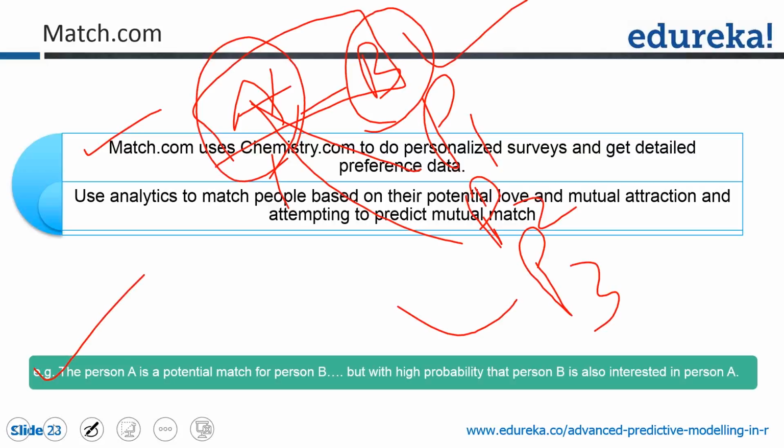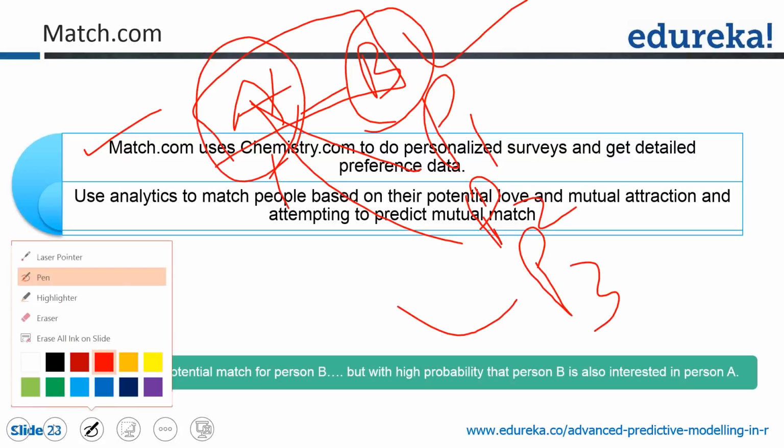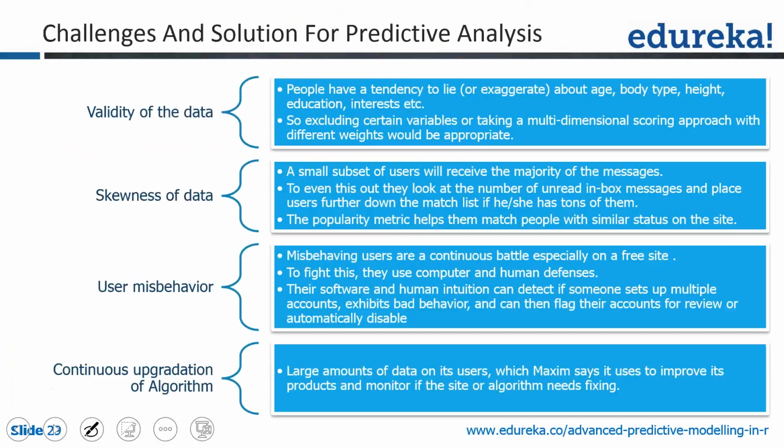Otherwise, what if I show profiles to person A, and person A likes person B, but person B doesn't like A? It's a waste of time. So how do I build those kinds of models?